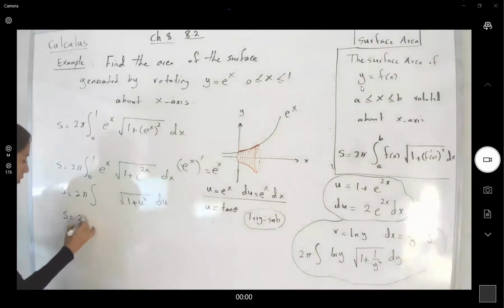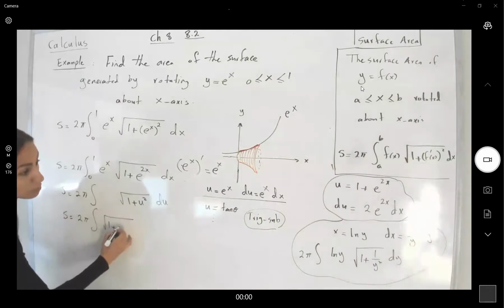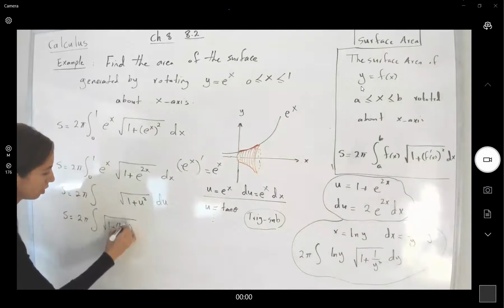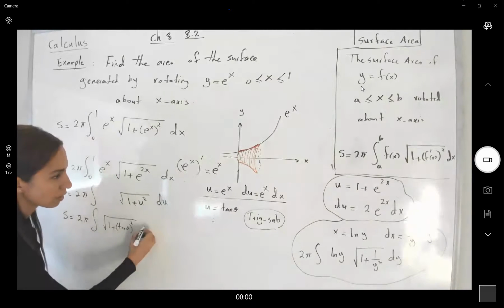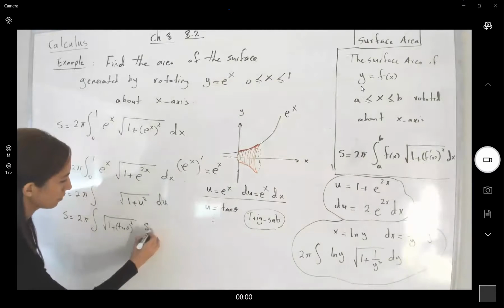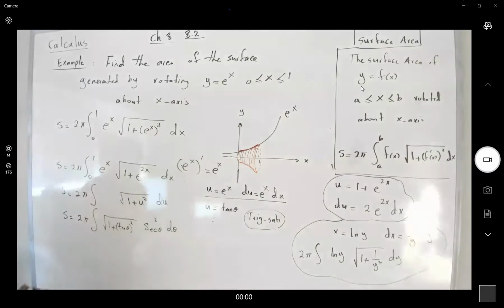This becomes 2 pi, the integral of 1 plus tangent theta raised to the second, and then here we have secant squared theta d theta.